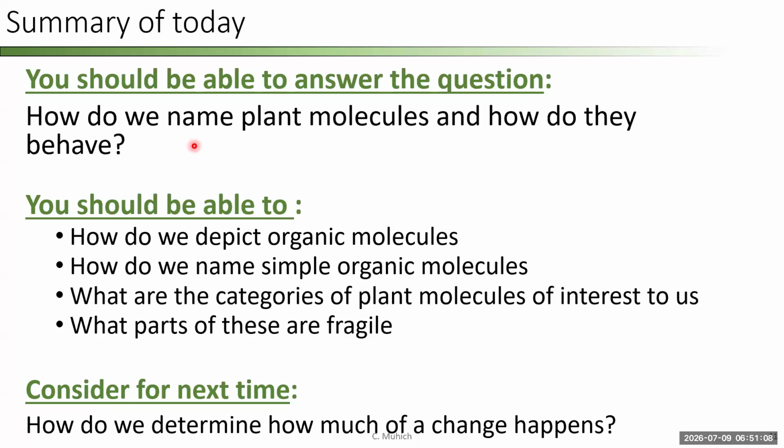So you should feel comfortable with named plant molecules and how they behave in terms of polarity, volatility, and what this means for extraction. You should be able to see how we can depict organic molecules, how we name the categories of molecules that are of interest to us, and which of these are fragile.